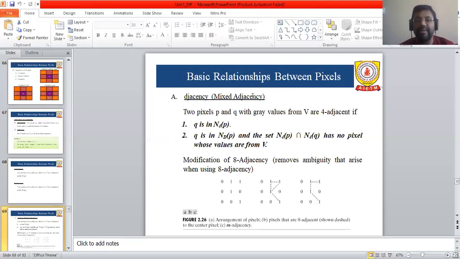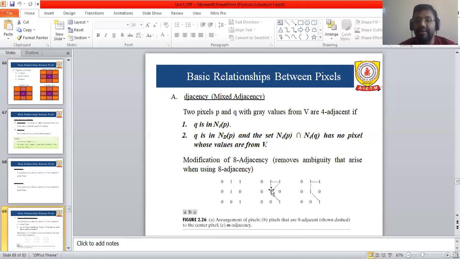Now mixed adjacency: two pixels p and q with gray values from V are m-adjacent if q is in N4(p), or q is in ND(p) and the set N4(p) intersection N4(q) has no pixels whose values are from V. Here is an example: a modification of 8 adjacency that removes the ambiguity that arises when using 8 adjacency. This is the original matrix we have. Matrix A shows the arrangement of pixels, and matrix B shows the pixels that are 8 adjacent.